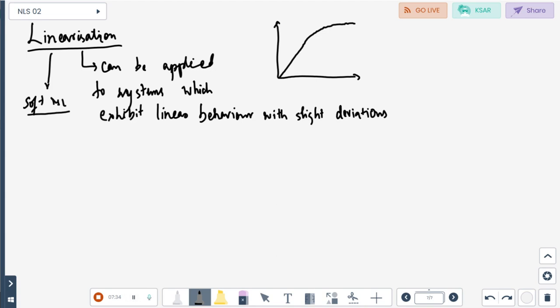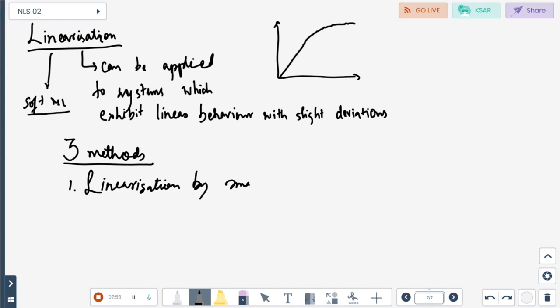So now as far as linearization goes, there are three methods that can be used. First, linearization by small signal analysis.